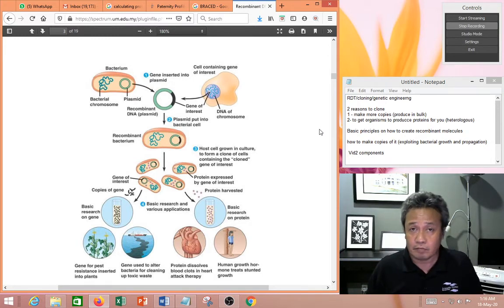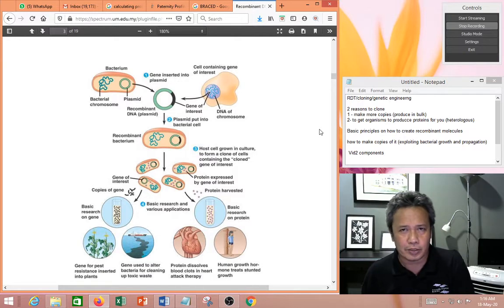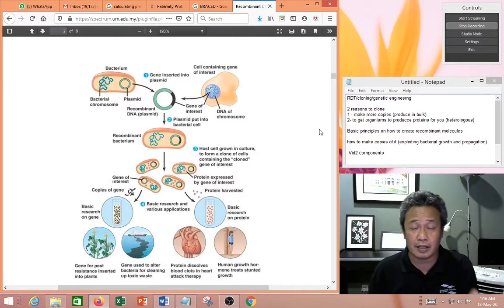Then depending on what you want to do, if you just want to make copies of it, you can get the DNA back out, or you want the bacteria to produce the proteins. If you want to make copies, you can put in whatever fragment.